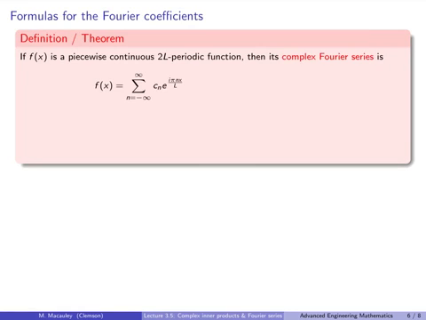Okay, now we come to the formal definition of complex Fourier series. So before I begin, I should say that what we did in the previous slide, everything was 2 pi periodic, and our orthonormal basis was the set of all e to the i nx, where n was an integer, positive or negative or 0. So this is when we're looking at the space of 2 pi periodic functions.